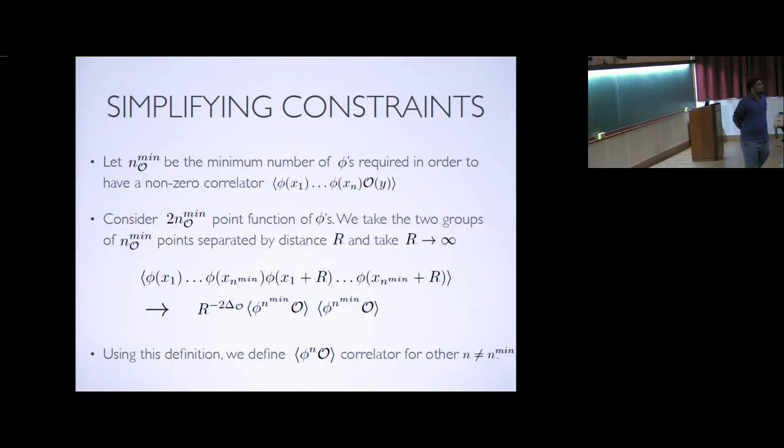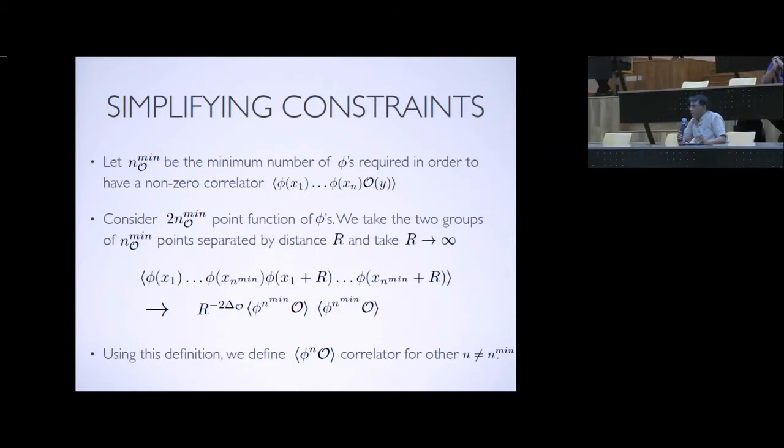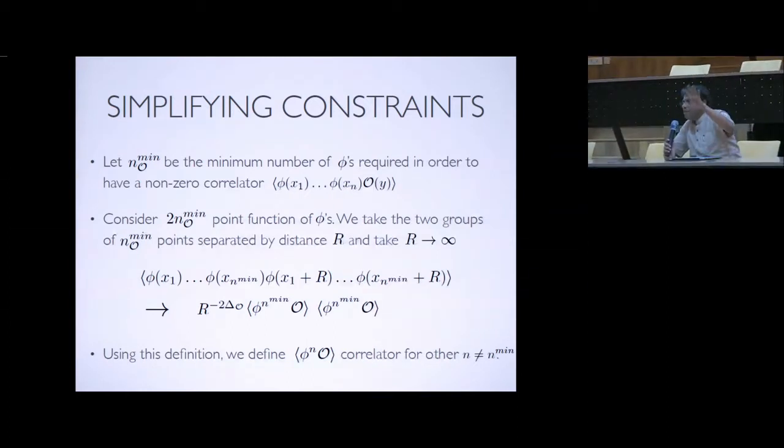Abhijit, sorry, maybe I missed in the beginning, but these phi's you're fixing once and for all. Yeah, once and for all. Exactly. Then you want for any O in the theory, you want to find n minimum, but is that always guaranteed that there will be a finite n minimum? I mean, for some selection rule reasons. Yeah.